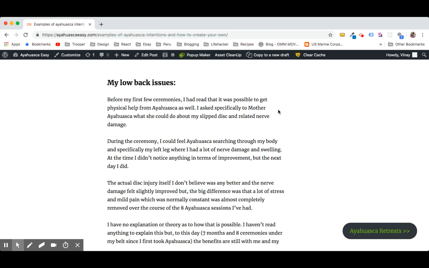During the ceremonies, I wanted to focus on that a little and see if there was anything ayahuasca could do for it. While she wasn't able to fix it completely, and I never really expected that, she was able to reduce the pain and its intensity to a large degree.